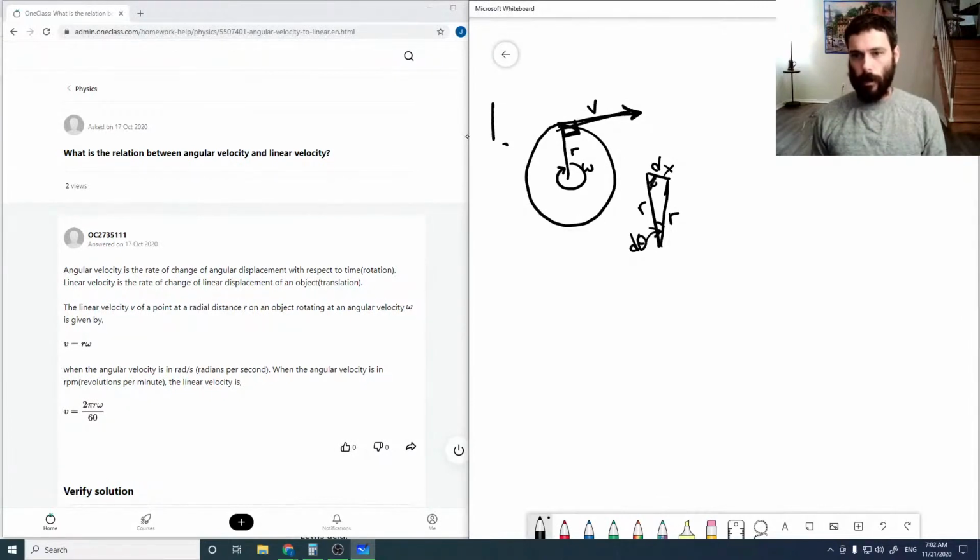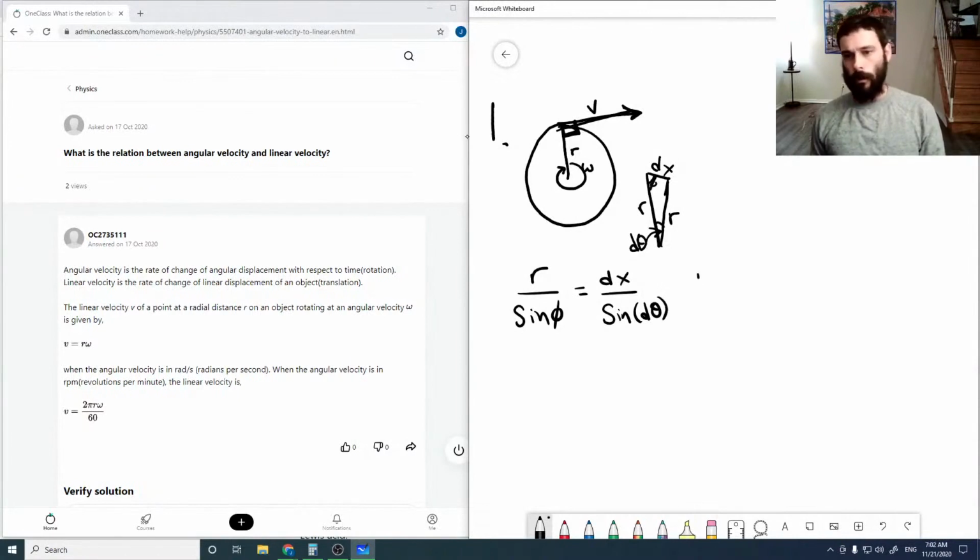So if we call this angle up here phi, then we would say that r over sine phi is equal to dx over sine d theta, or dx is r sine d theta over sine phi.